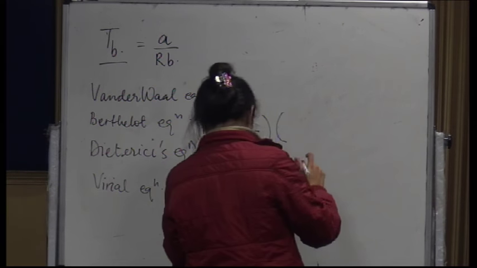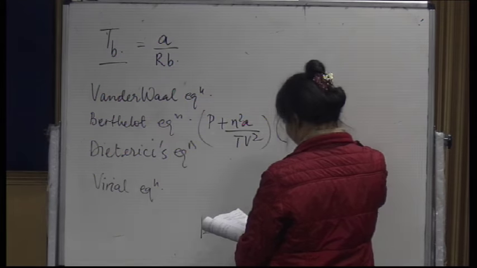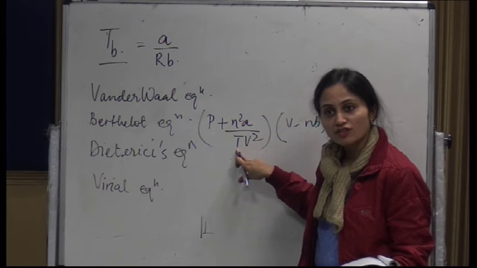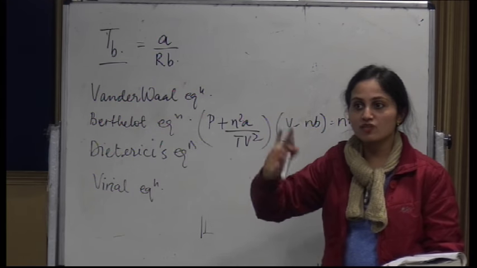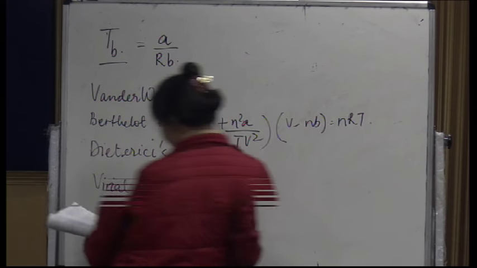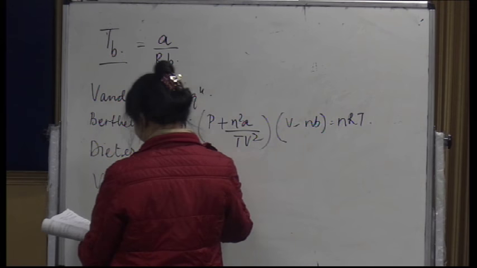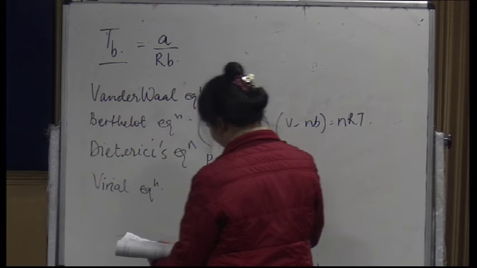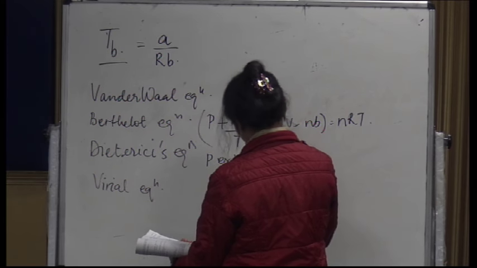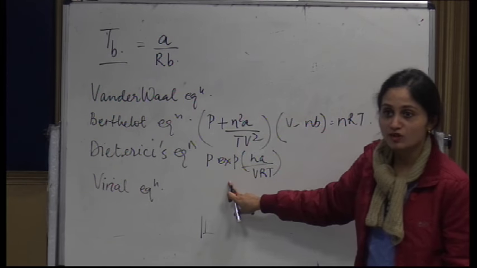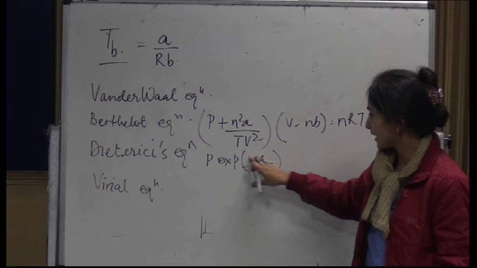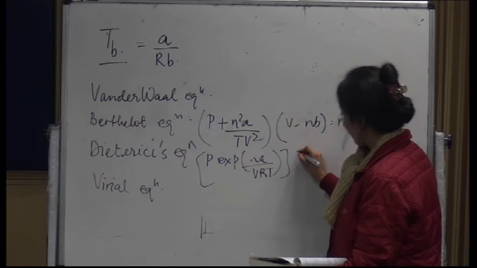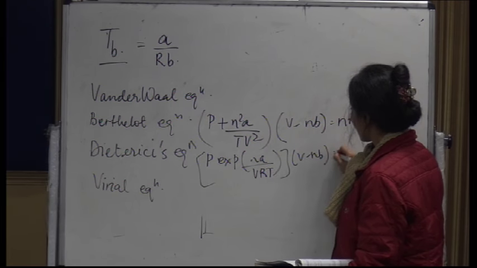So this is V minus nb is equal to nRT. This is your Berthelot equation. So in the Berthelot equation what is extra? Temperature. जहाँ पे temperature आया वो कौन सी equation है? Berthelot equation. For the next, wherever you have an exponential term introduced, n a by V R T, P into exponential of n a by V R T, into V minus nb again is equal to nRT.